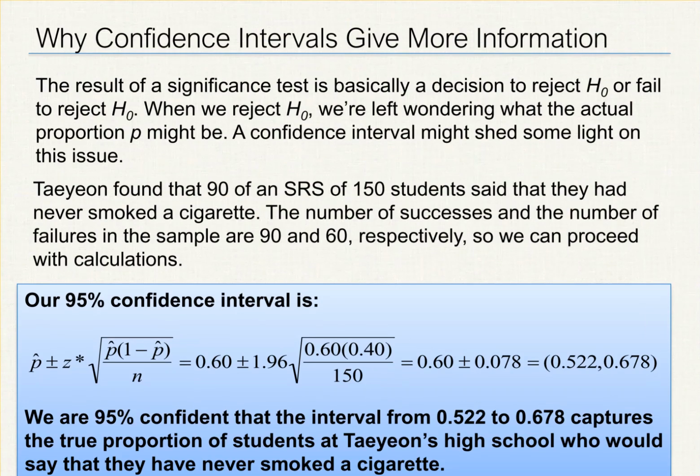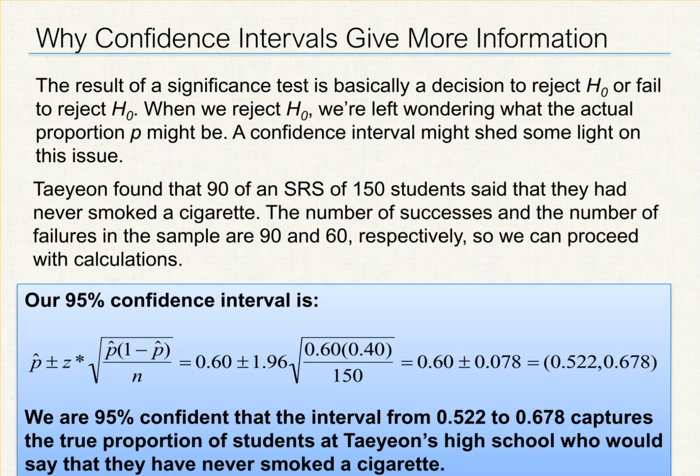Sometimes confidence intervals will give us a little bit more information. If we calculated a 95% confidence interval for the true population proportion, back from chapter 8, based on that random sample where 90 said they hadn't, we would use our good old formula: z star is our critical value, times the standard deviation. For a 95% confidence interval, the critical value is 1.96.